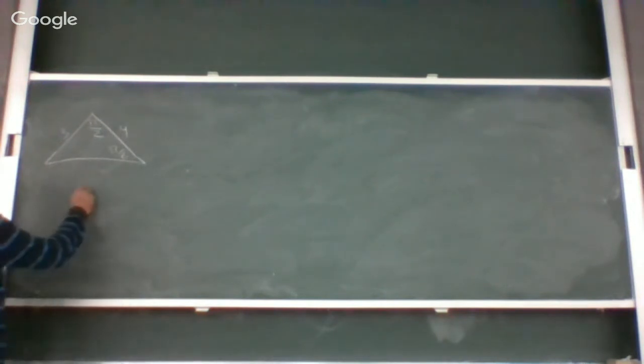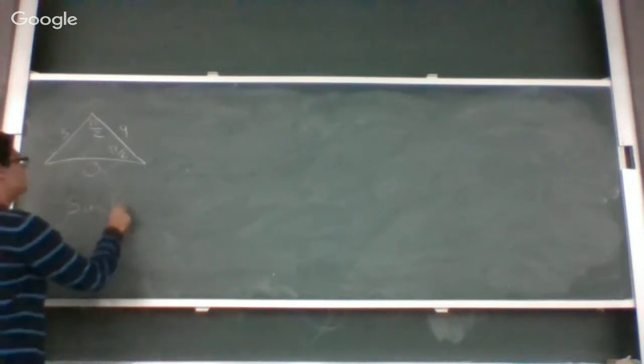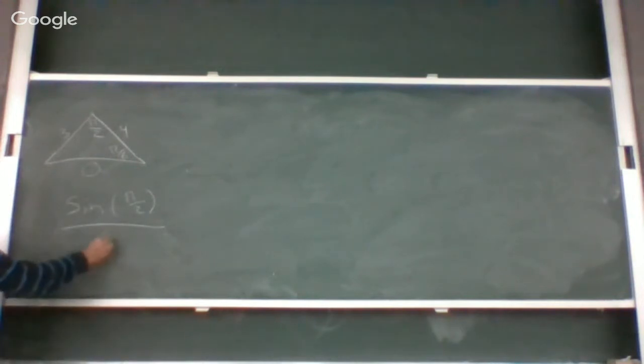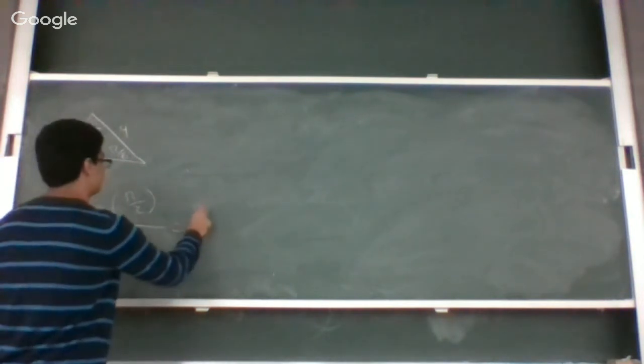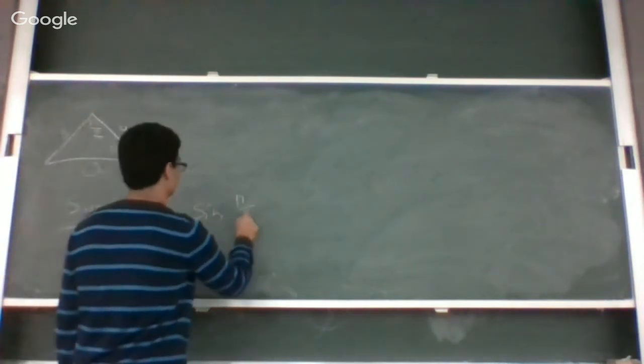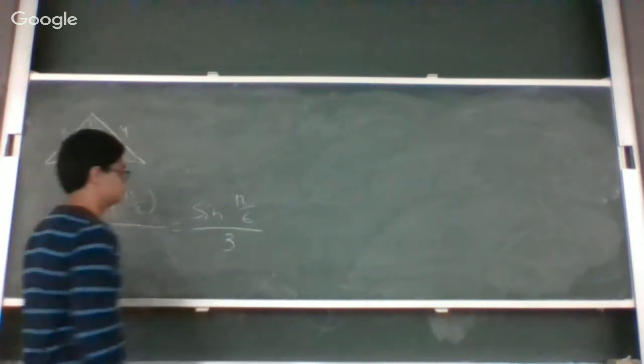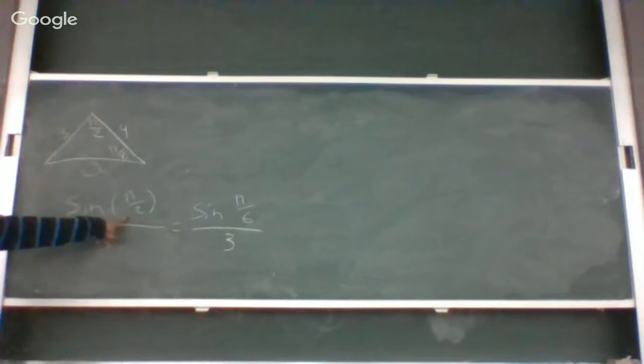We have to find this side, which we'll call A. Sine of pi over 2 over A equals sine of pi over 6 over 3.